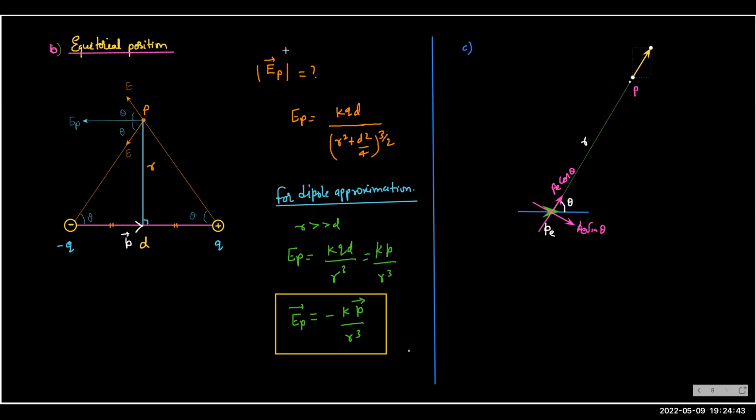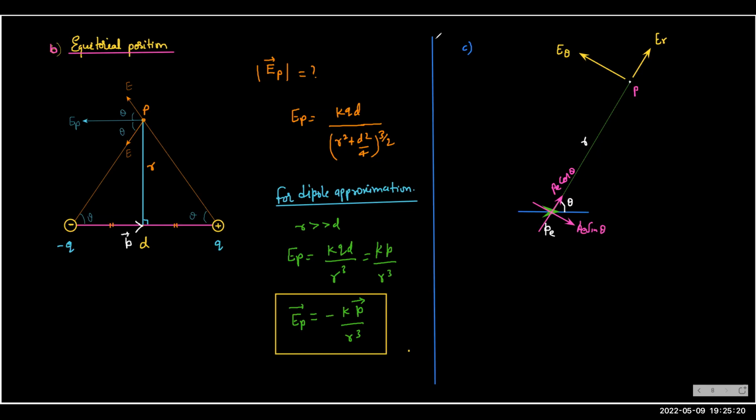So we call it E r, the radial field component along the radial direction. And for P sin theta, the point P behaves as the equatorial position. The field at the equatorial position is opposite to the dipole moment, so the field will be like this, and we call it E theta, because this is in the sense that theta is increasing.